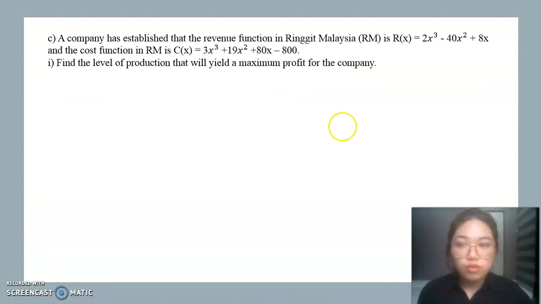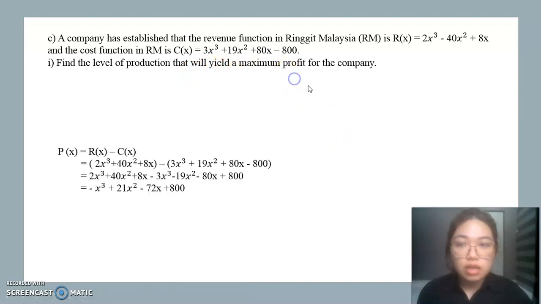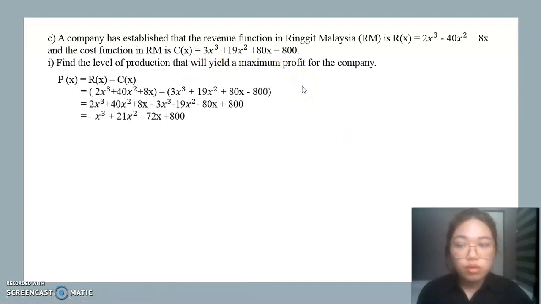Next is to find the level of production that gives maximum profit for the company. As we know, the formula for profit is revenue minus cost. So we substitute the functions given in the question into the formula, where the revenue function is 2x cubed plus 40x squared plus 8x, minus the cost function, which is 3x cubed plus 19x squared plus 80x minus 800.